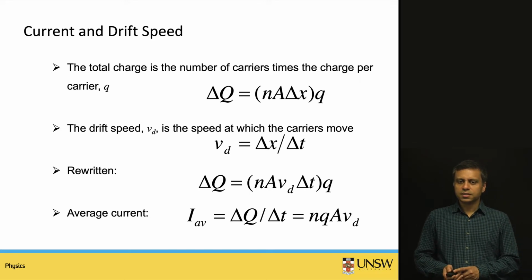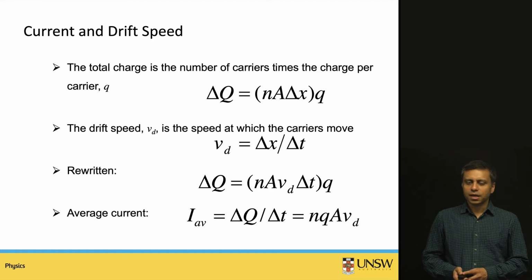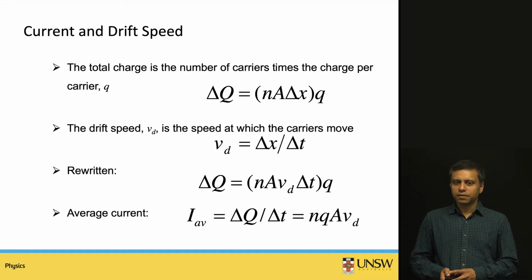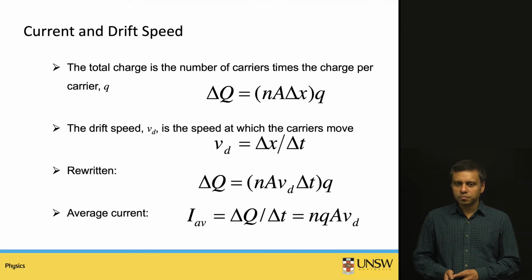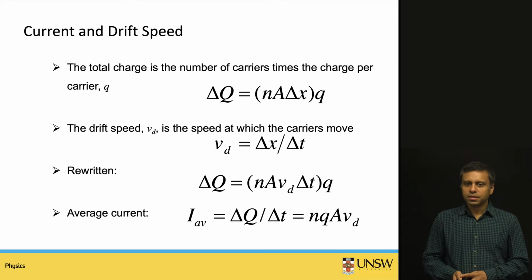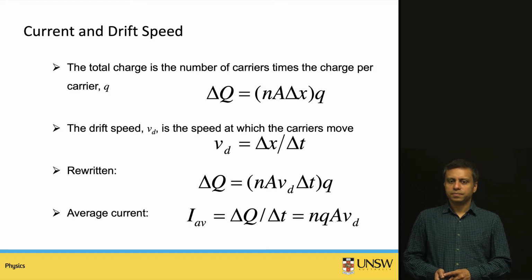Delta q equals n times A times vd times delta t times q. So this gives us the total amount of charge flowing in a time interval delta t through the cross-sectional area A. And we have assumed that there are n carriers per unit volume, and they are traveling with an average drift speed of vd.